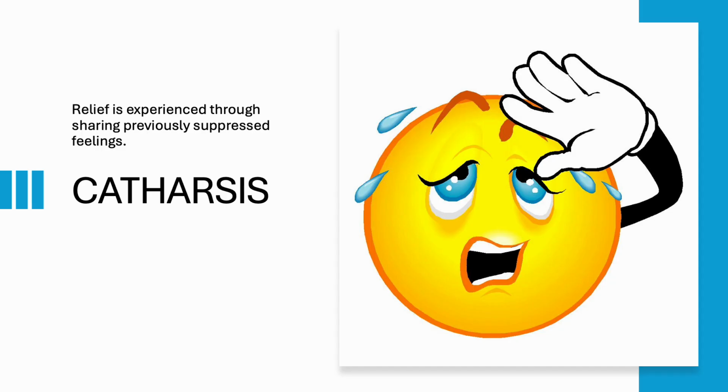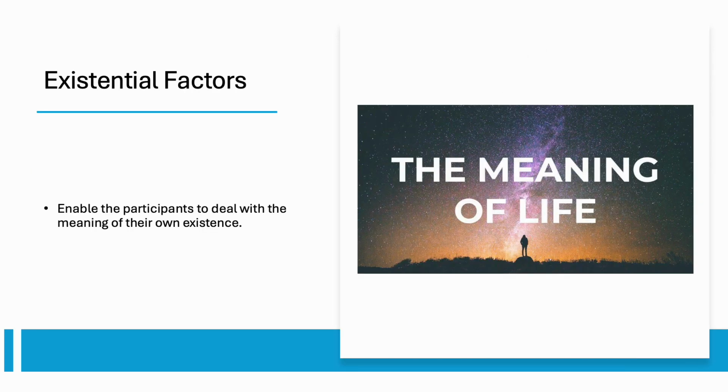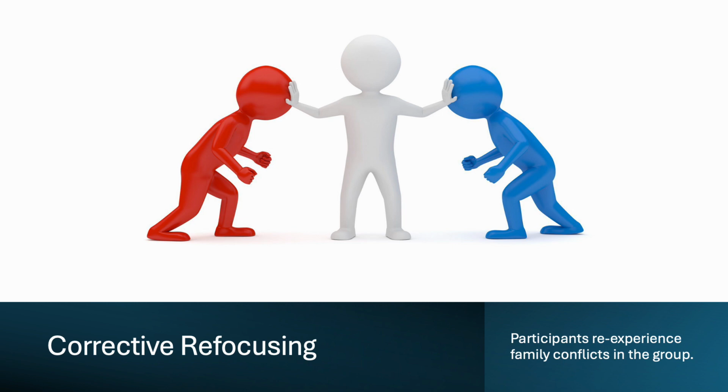Participants experience catharsis as they openly express their feelings which were previously suppressed. Existential factors. Groups enable participants to deal with the meaning of their own existence. In corrective refocusing, participants re-experience family conflicts within the group, which allows them to recognize and change behaviors that may be problematic.